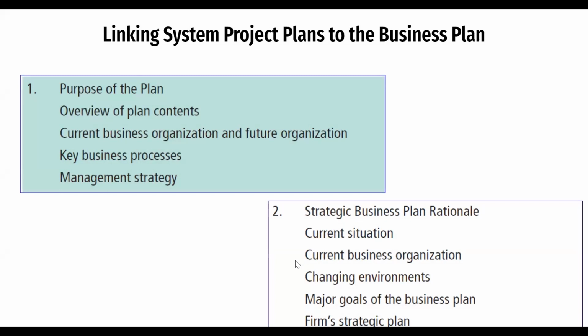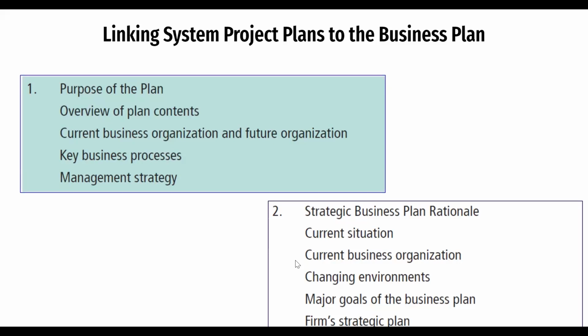So this plan will serve as a roadmap and it will indicate the direction of system development, i.e. the purpose of the plan, the state of current systems, the new developments to consider, and the management strategy. The implementation plan and the budget.